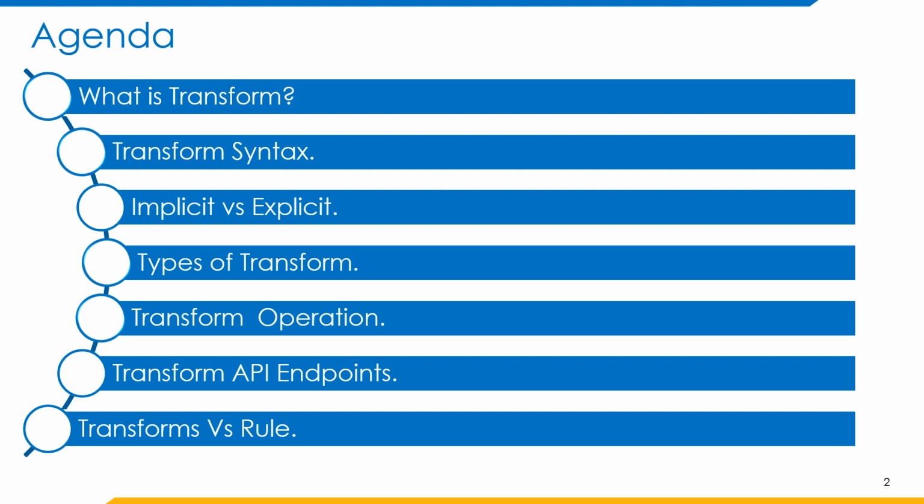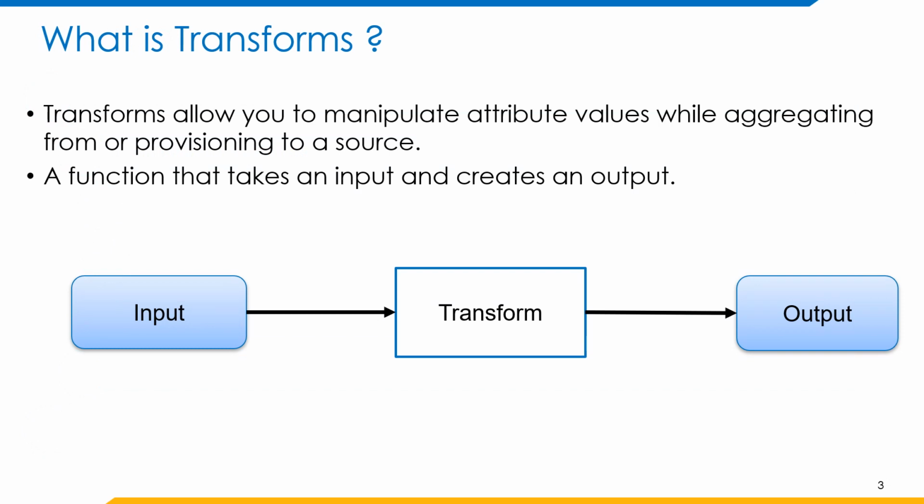Coming to the next slide, let us understand what a transform is. Transforms allow you to manipulate attribute values while provisioning to a source. They help in manipulating any incoming data from the source as per the requirement.